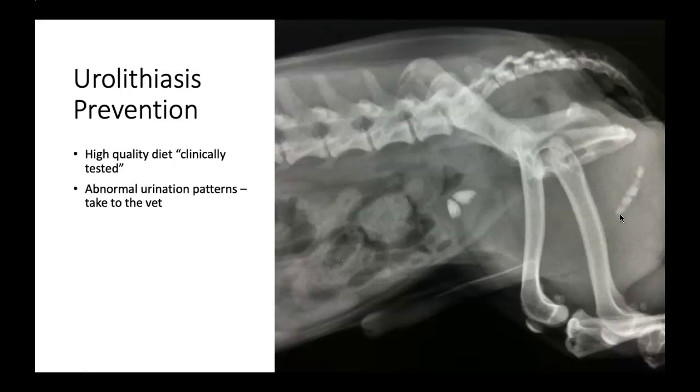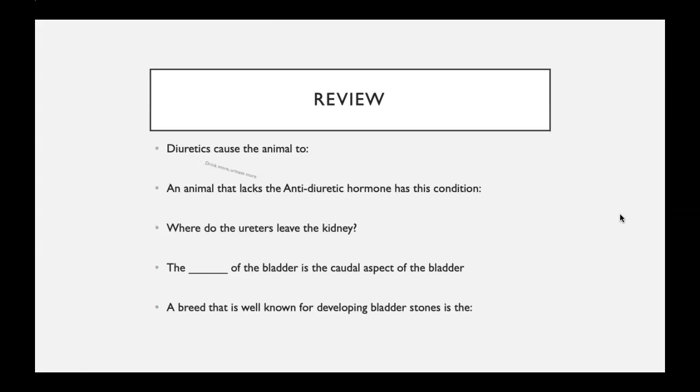All right, review. Diuretics cause the animal to drink more, urinate more, because they are releasing more fluid from their body. So diuretics are getting rid of fluid in excess amounts, so the animal is going to drink more and urinate more.